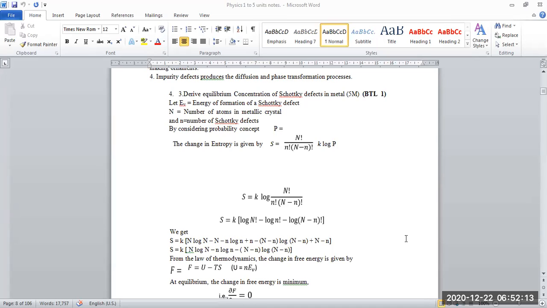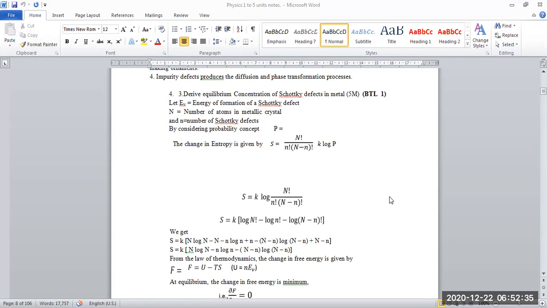So, what is the basic mathematical expression to find out, not the exact value, we cannot find the exact value, but a probable value of the equilibrium concentration of Schottky defect in metals.